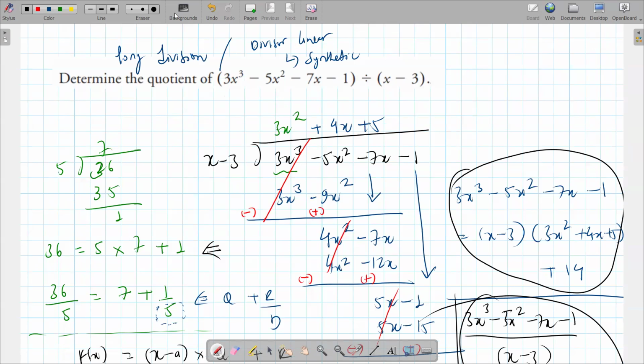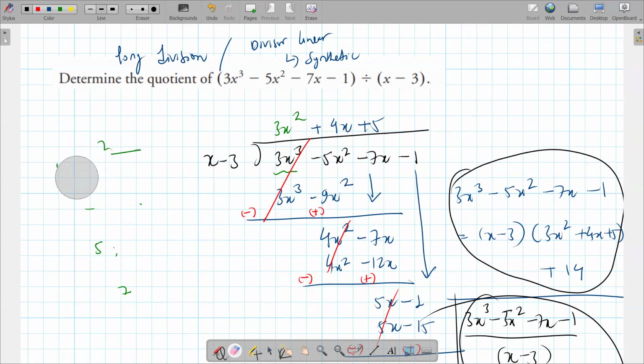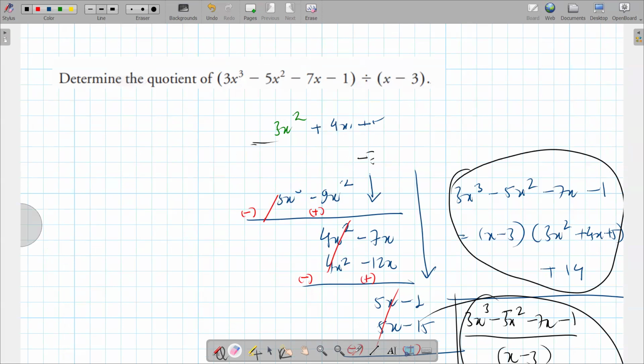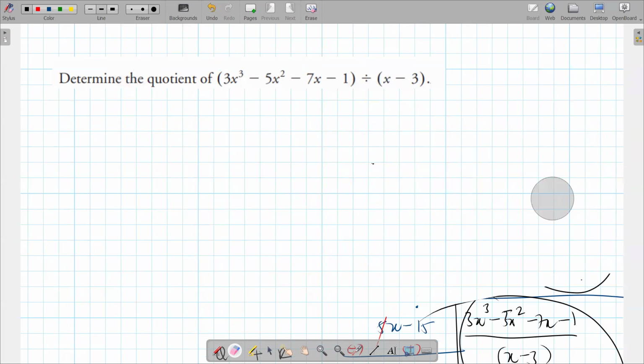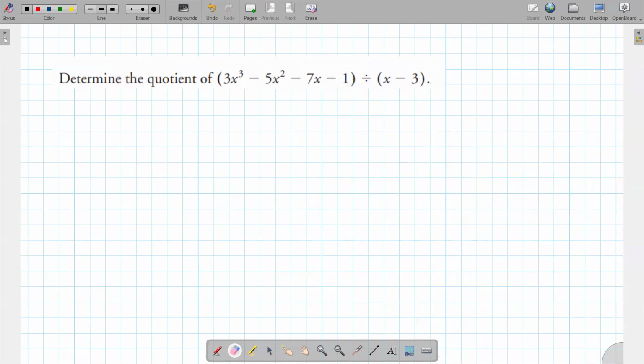So quick recap. What you could do is you could do synthetic division, which I think is much easier. So let's try solving the problem with synthetic division. Step number 1, it only works when? What's the requirement for synthetic division?